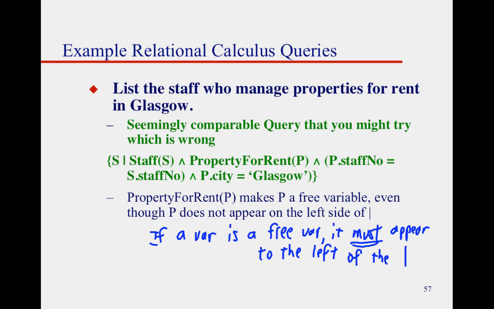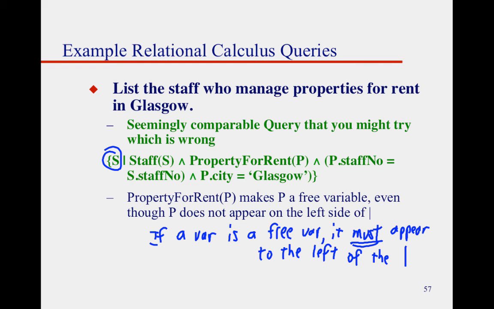Yes? You're just saying that if S appears in multiple parentheses, it must be defined on the left side of the bar? What do you mean S appeared in multiple parentheses? P is not defined while S is defined. That's right. So S appears over here, and therefore it must be defined on that left side.